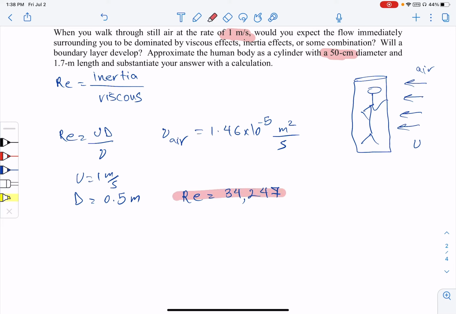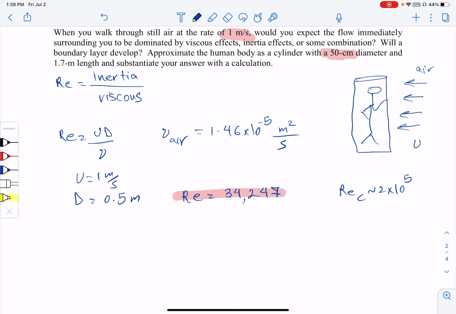So yes, the boundary layer will develop around the person, and overall the flow is consistent with laminar flow, because we know that the critical Reynolds number is approximately 2 times 10 to the power of 5.